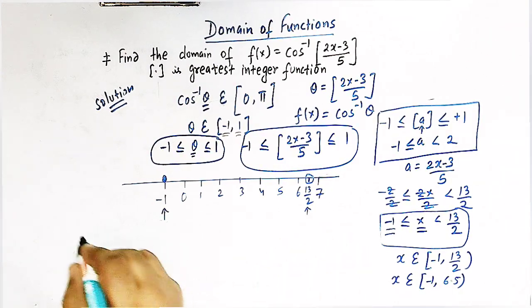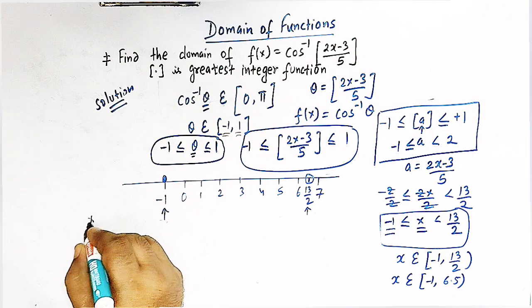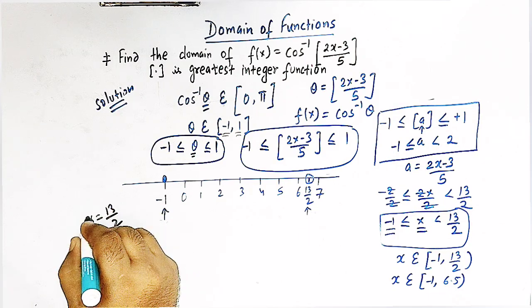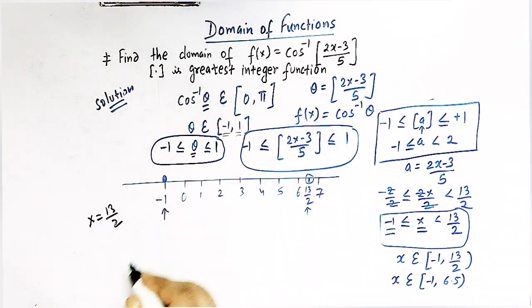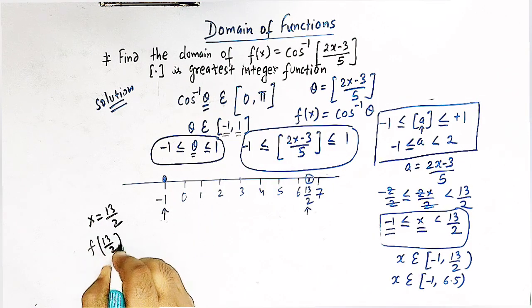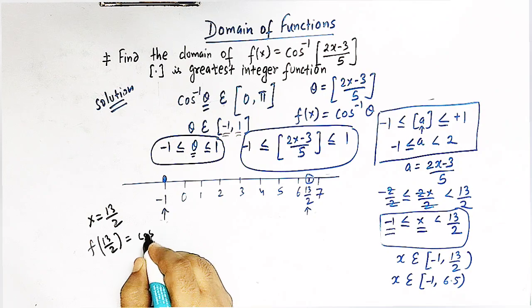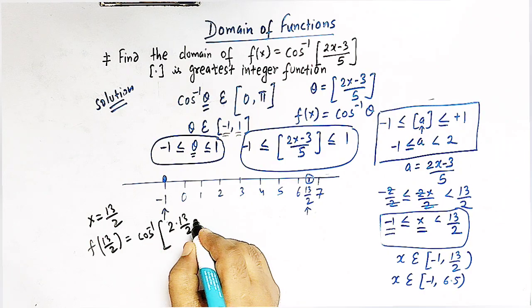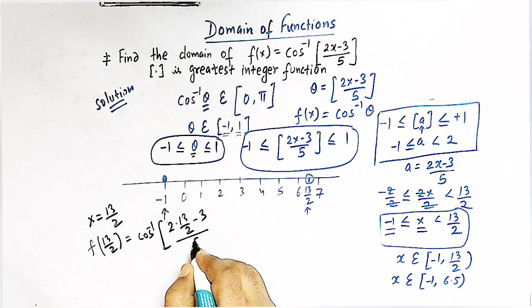Similarly, here we can verify that the point 13 over 2 is not included in our domain. So let us find f(13/2). So this is cos inverse of the greatest integer of (2 times 13 over 2 minus 3)/5.